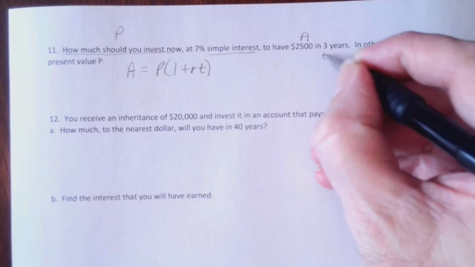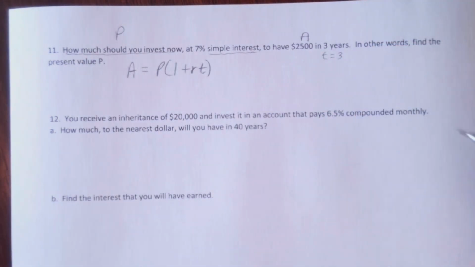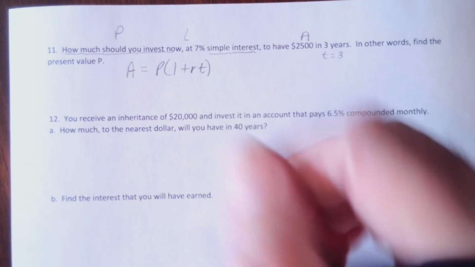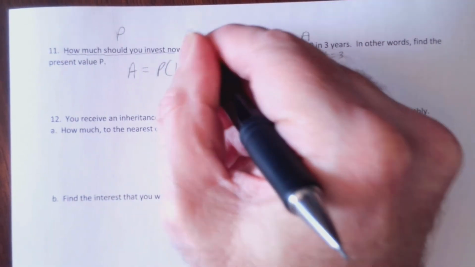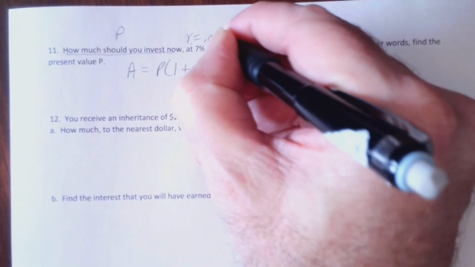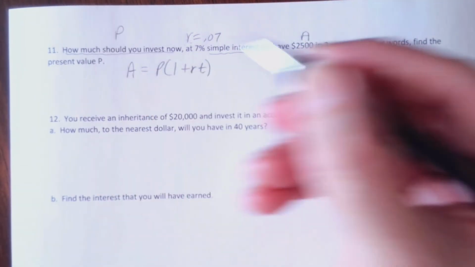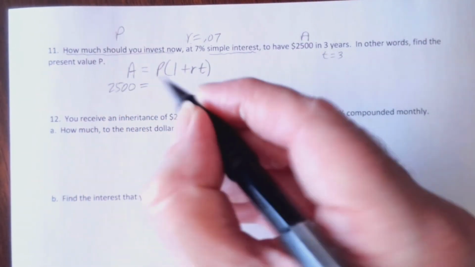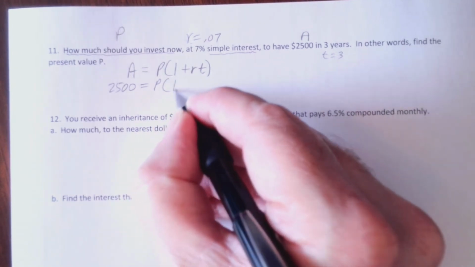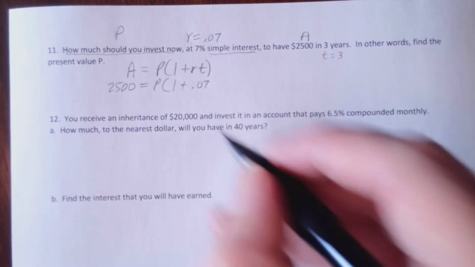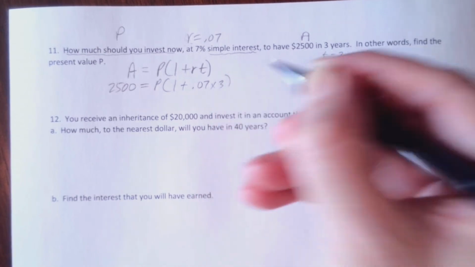Our time is 3 years, and notice we're at a 7% interest, so our rate we would write is 0.07. So we're going to put in our 2,500 here. We need to find P. It'll be 1 plus 0.07 times T, which is 3.